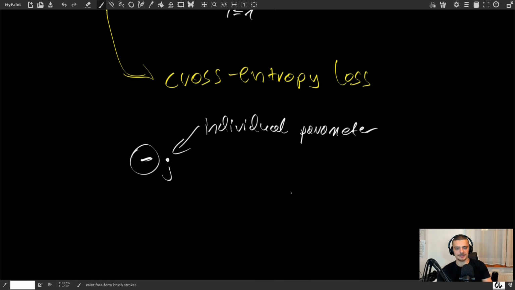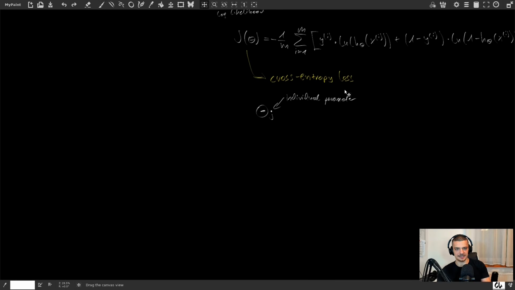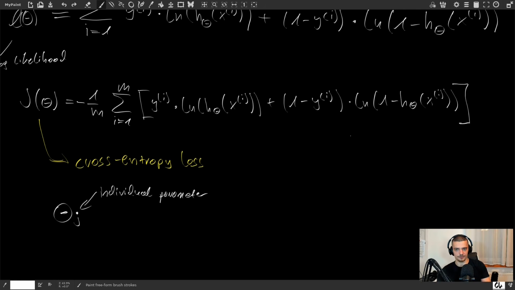So I currently have my predictions, which are my h values, and I have the actual truth, which is y, and there's a difference between them. Now, how do I need to adjust every individual parameter j to make this difference less? And to be precise, how do I have to change them in order to minimize whatever my loss function produces?